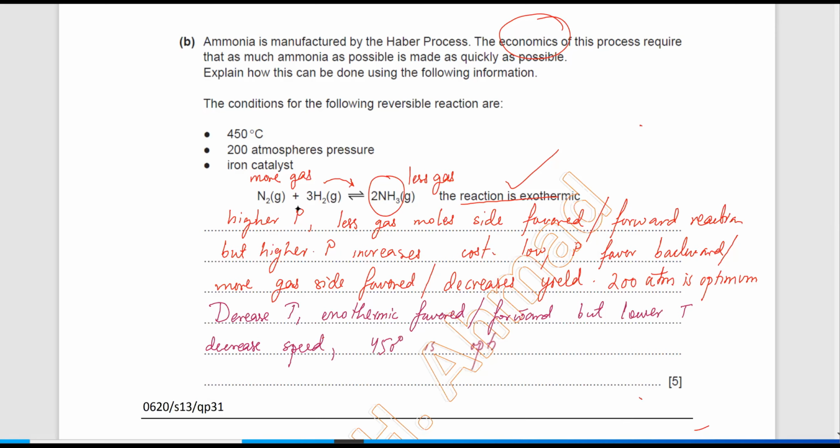And how does catalyst improve the economics of this process? Catalyst, what does a catalyst do? Catalyst, you get a faster reaction at a lower temperature. Speeds up the reaction. You don't have to increase temperature.